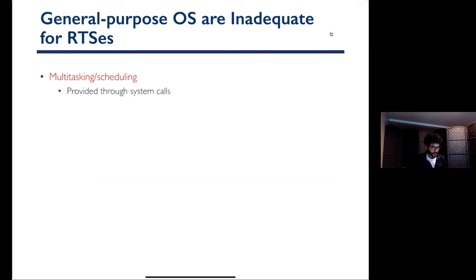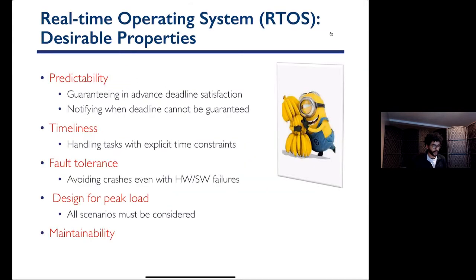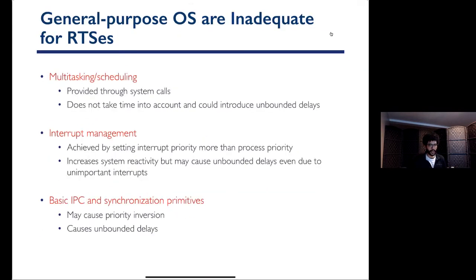So if you look at three categories of concepts that we talked about so far: multitasking and scheduling, interrupt management, and IPC, you can see that all of these have some randomness in them.